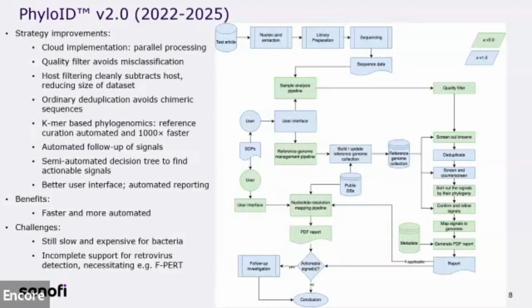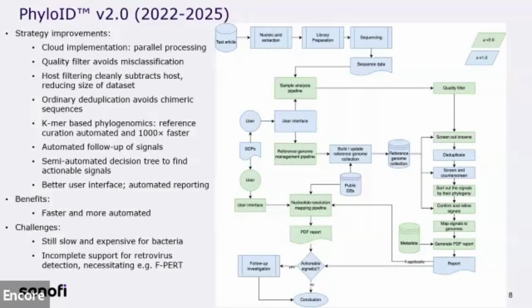To reiterate the strategy improvements, the cloud implementation allowed parallel processing. Quality filter avoids misclassification. The host filter cleanly subtracts the host, throwing out the bathwater, keeping the baby. The ordinary deduplication just looks for identical sequences and reduces the number of sequences a little bit more.